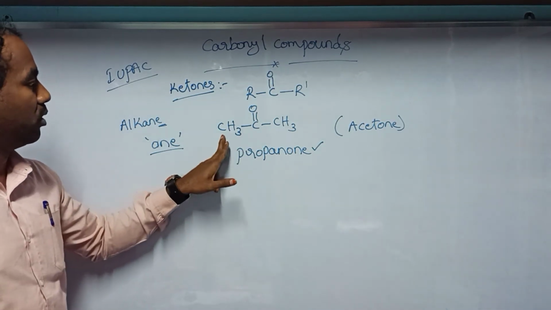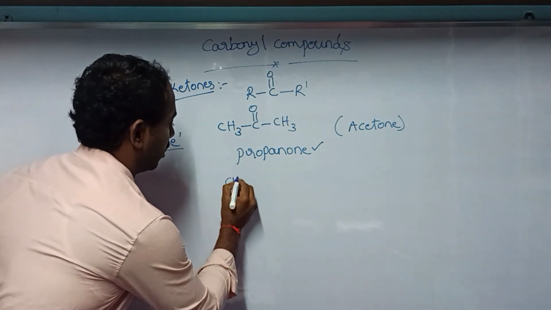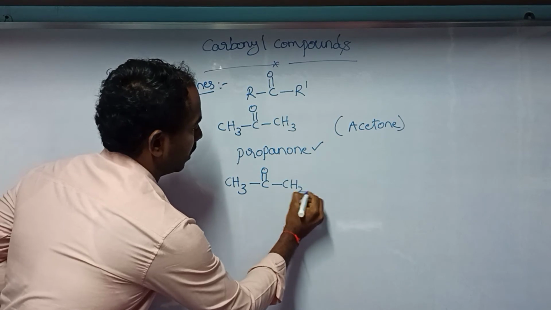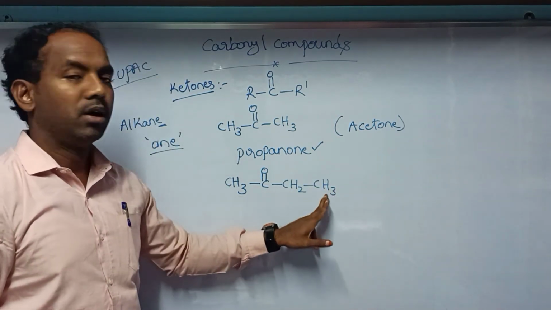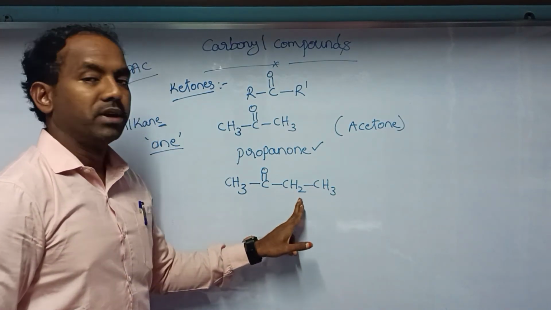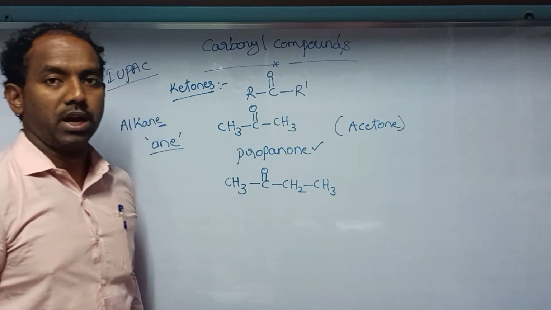So the ketone with 3 carbon atoms is named propanone. With 4 carbon atoms, let me write here CH3, C double bond O, CH2, CH3. What is the name of this ketone? In order to give the IUPAC name, first assign the numbers to the carbon atoms.